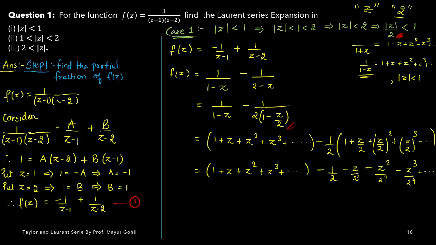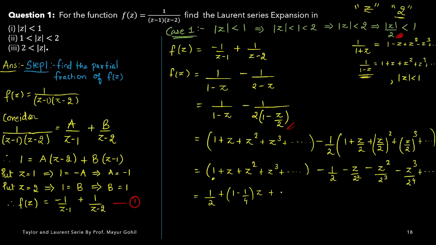So when I do the following substitutions and collect the like powers, I'll get over here 1 minus 1 minus half, which I will get as half. Then z minus z upon 2 square. So that will be, I'll just write here, 1 minus 1 upon 4 times z.